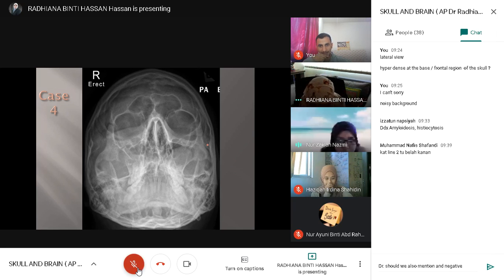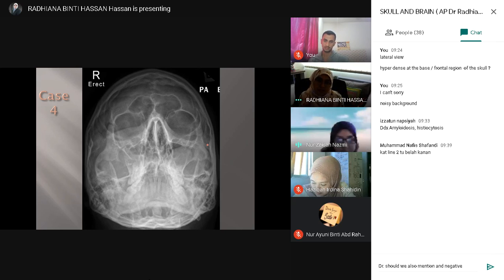Doctor, can we say it as a subcutaneous swelling? Possible. So why can the patient have subcutaneous swelling? Because of the trauma, fracture. Can you see any fracture there? Yes, the gap.